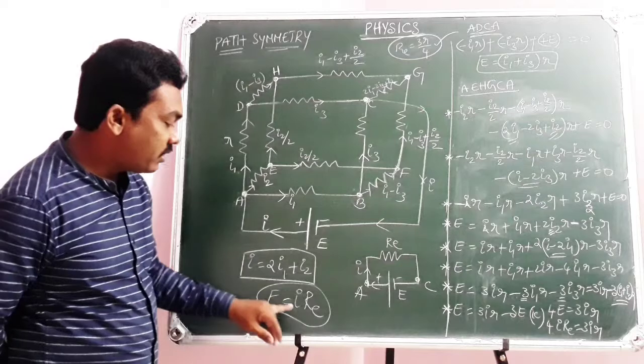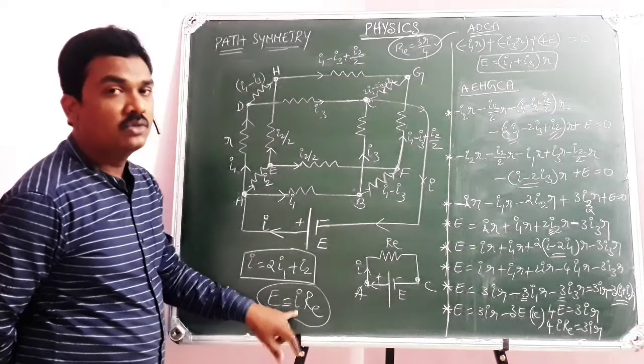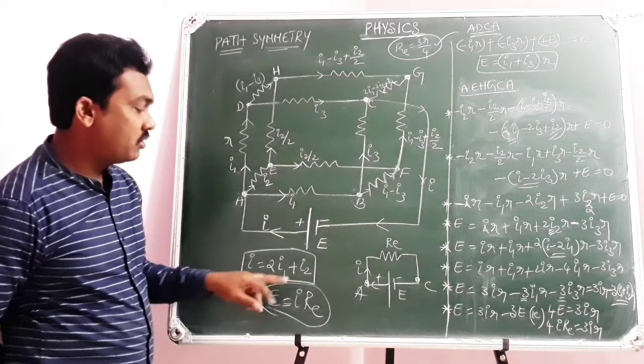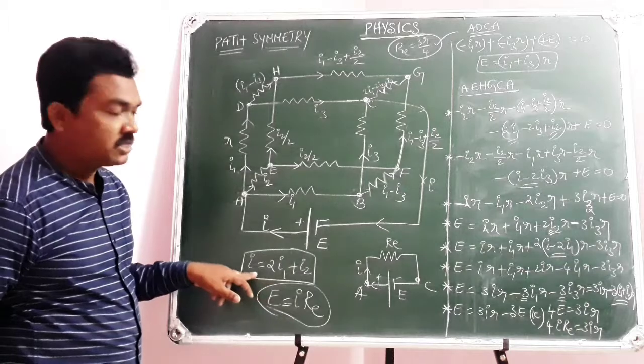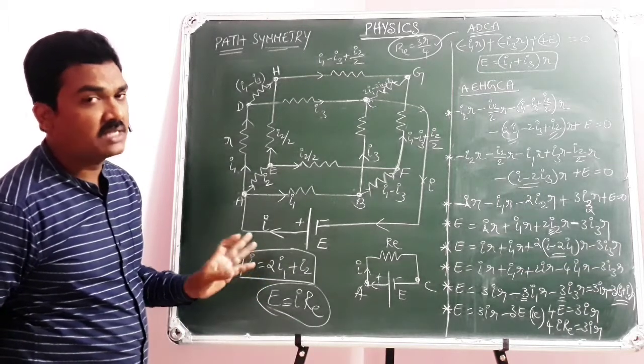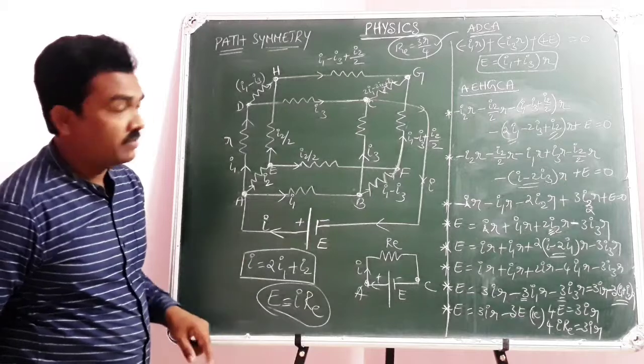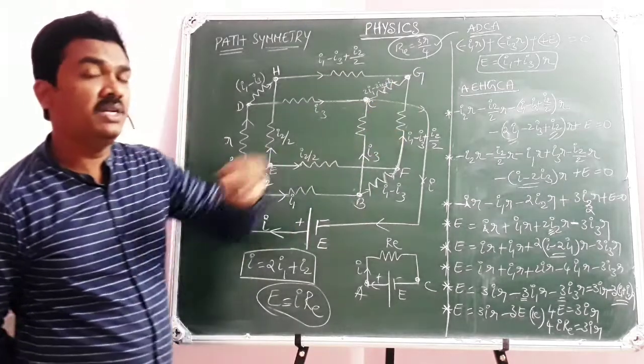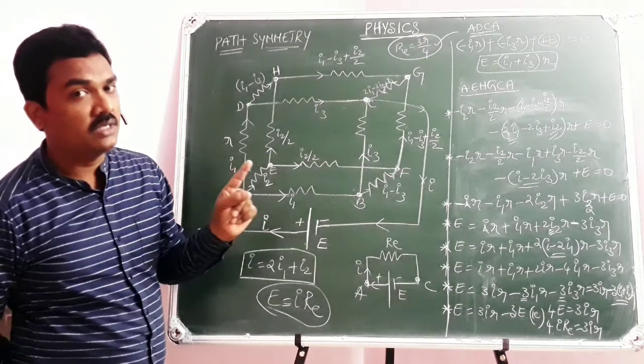But E should be in terms of I. So I2 first should be replaced with I minus 2I1, I and I1 will replace I2. Next, the I1 and I3 combination can be replaced with E.